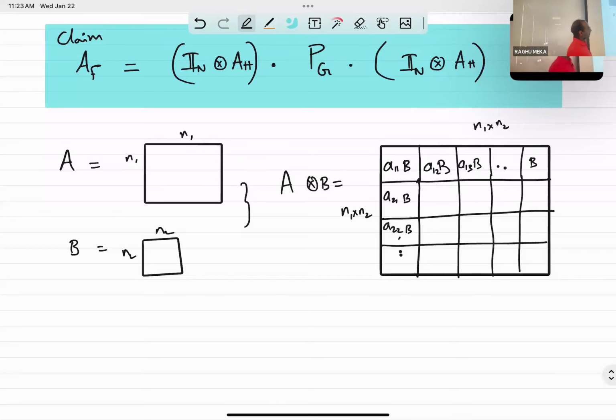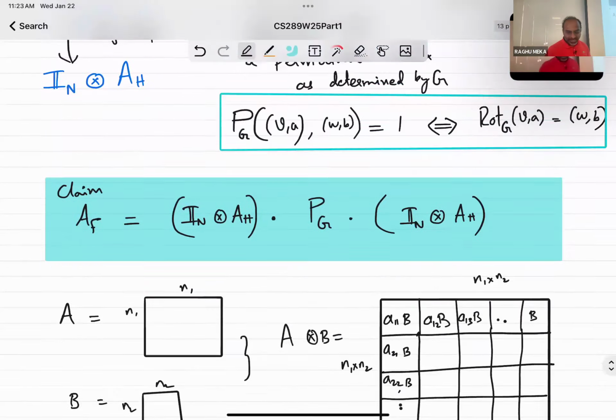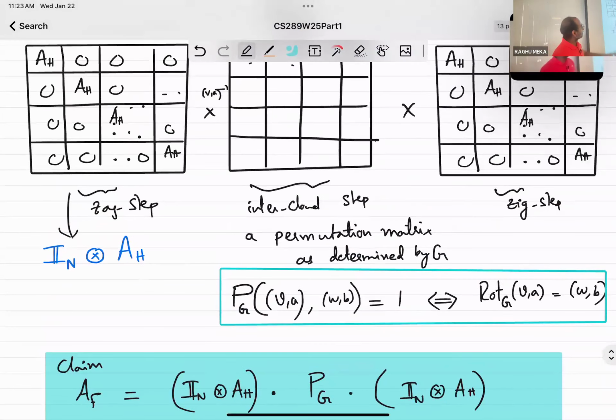Okay, so that's how you define tensor product. You have the numbers here, and replace each number with a copy of B times that number, kind of expanding. Okay. So in particular, if I do the identity, then the off diagonal things become 0, whereas on the diagonal, I'll just get the same matrix.